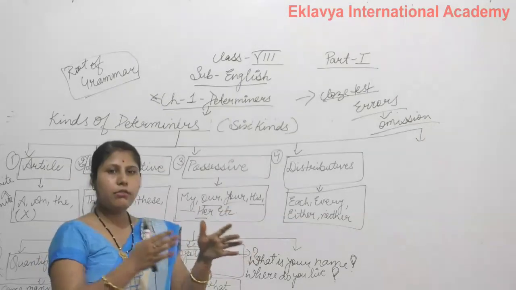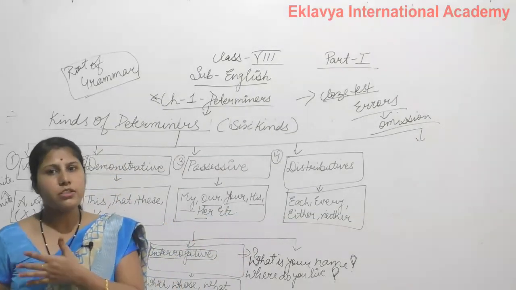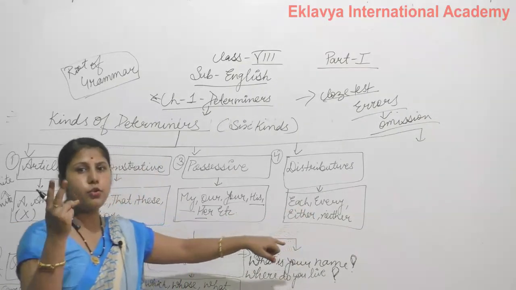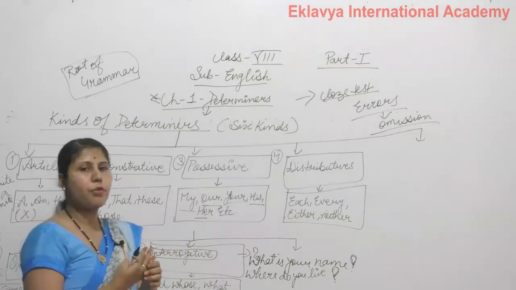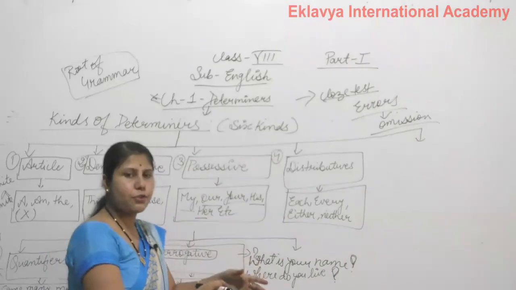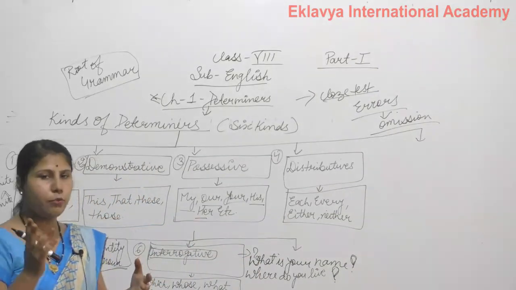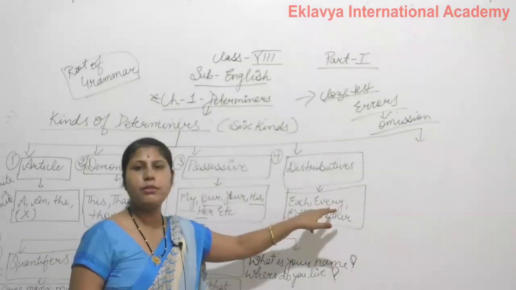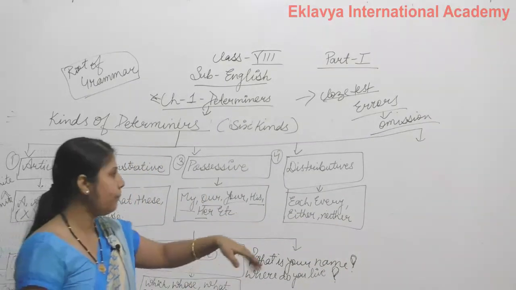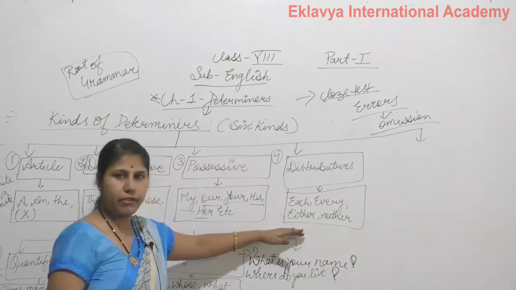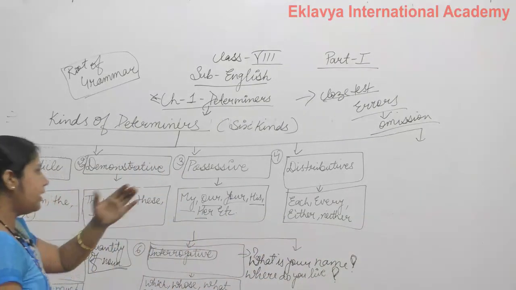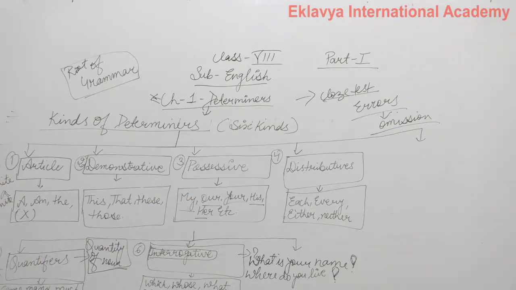Now give these pens to each student. Each we mostly use with 2 people, and every we use with more than 2 people. Either we use in positive case and neither we use in negative case, clear. So this is distributives.